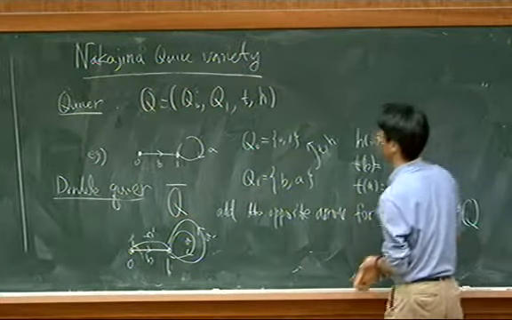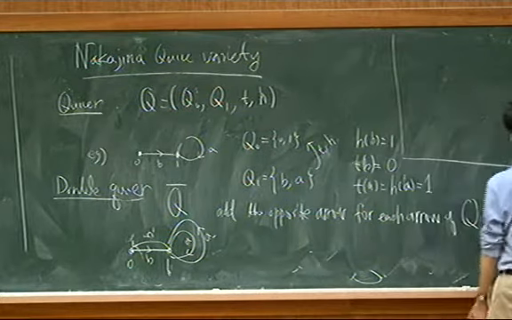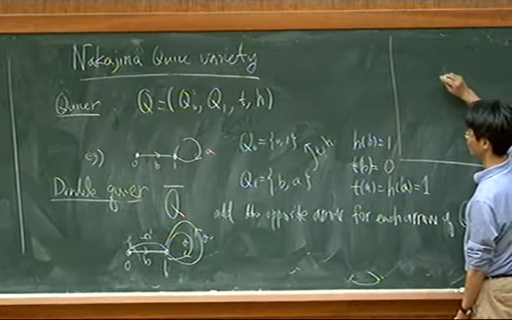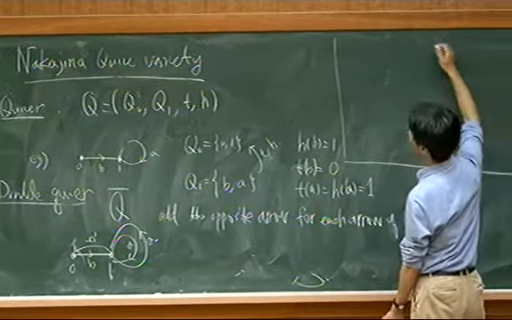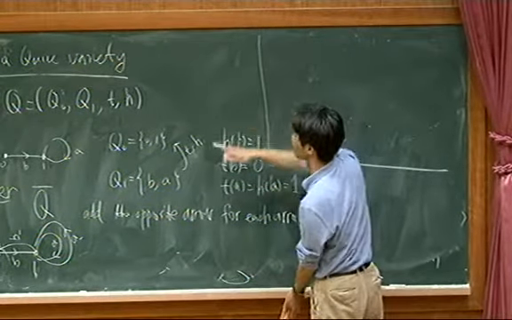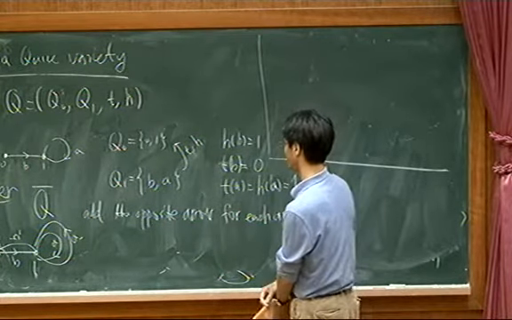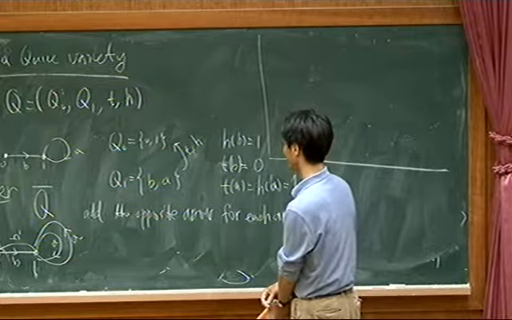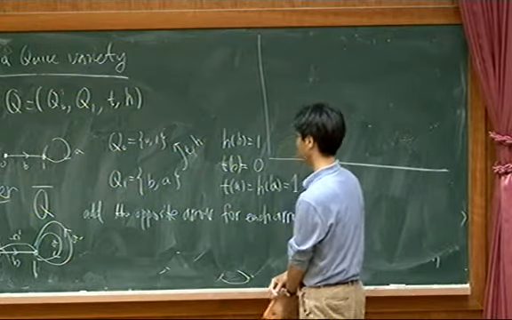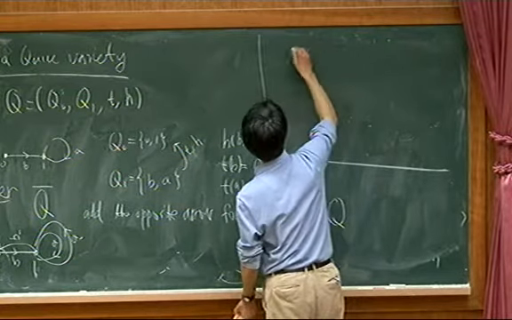Okay, so now we have a definition of a quiver, and then people define the quotient. We also have to introduce a dimension vector.